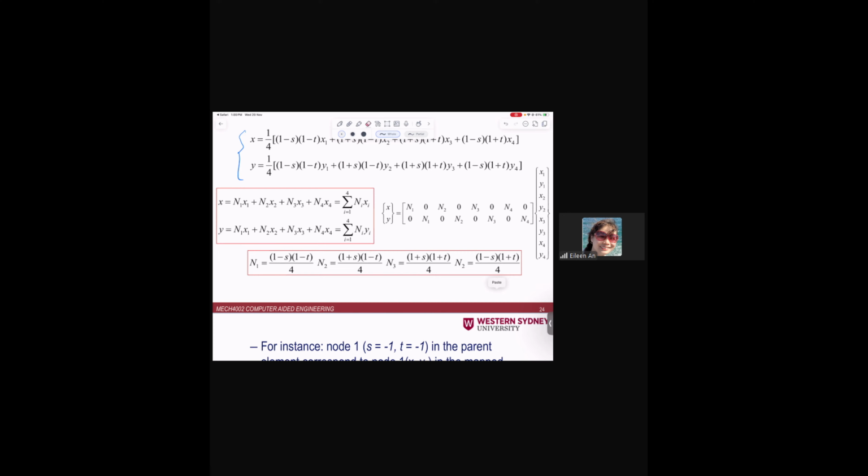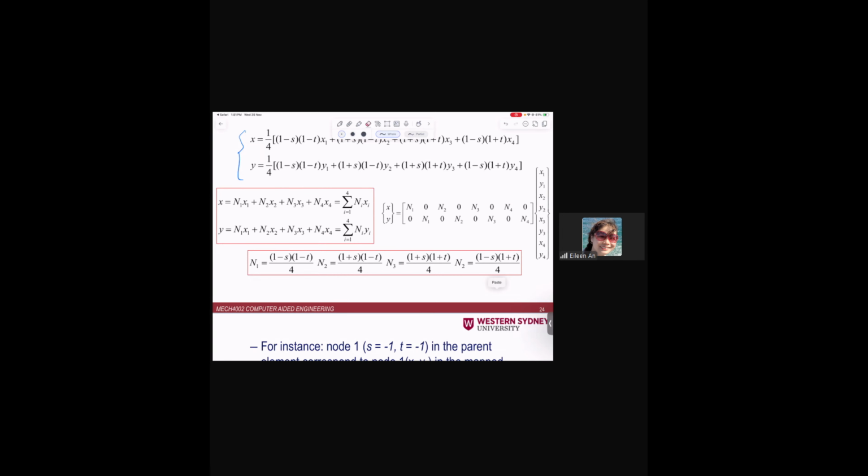The coordinates in the XY coordinate system equal the shape function matrix multiplied by the node coordinates. Okay, you have to be very careful. Those N's are the functions in terms of the variables s and t.